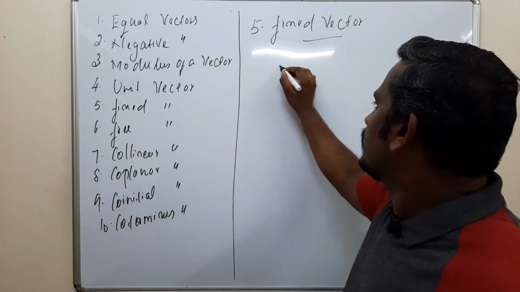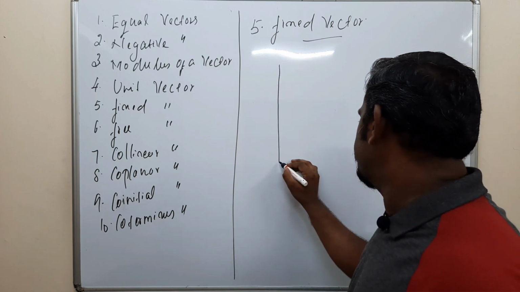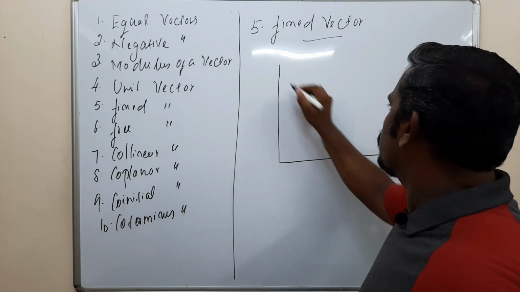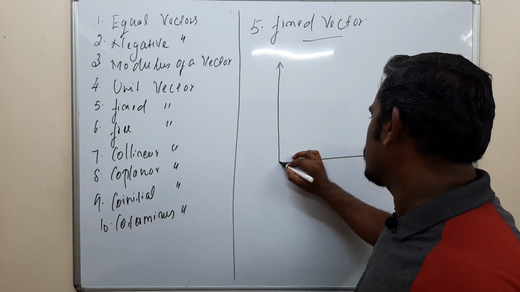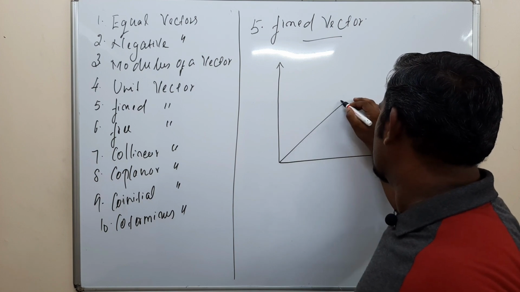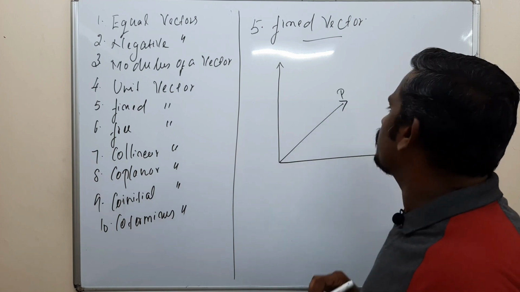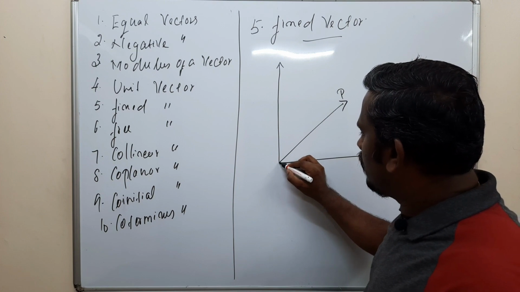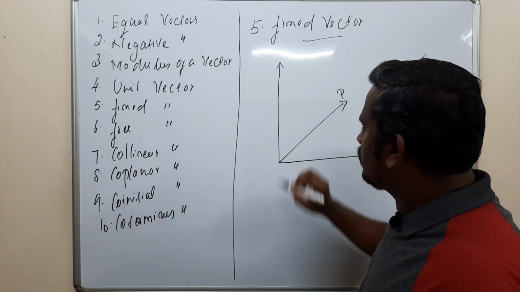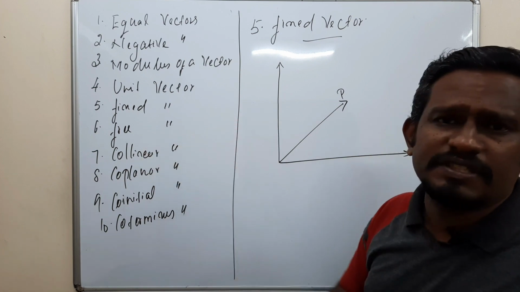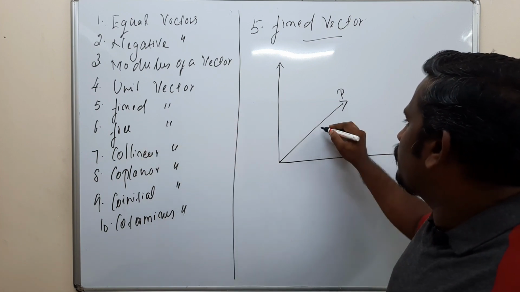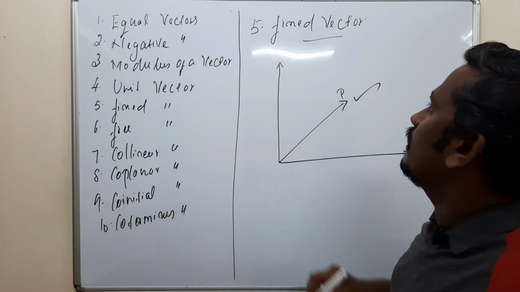For example, the position vector of a point or object, P vector. The starting point of the position vector lies at the origin, or it is fixed with the origin. That's why the position vector is an example of a fixed vector.